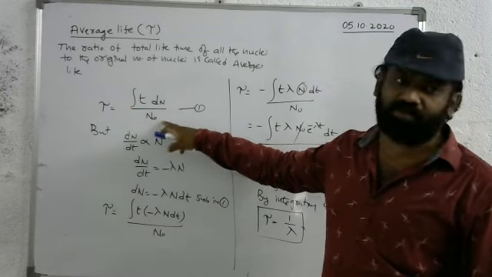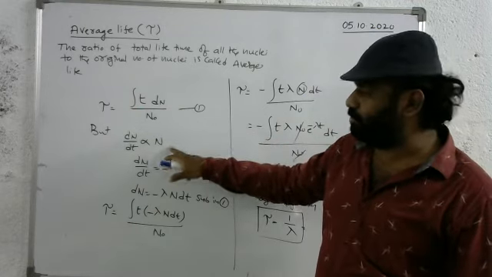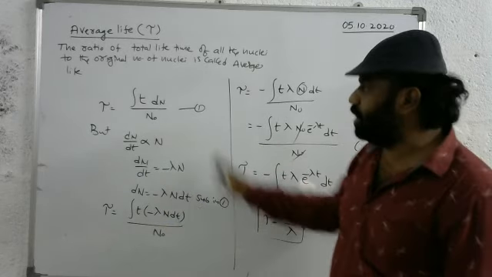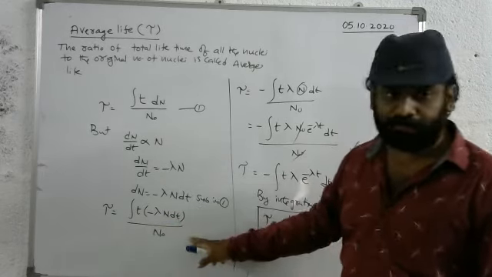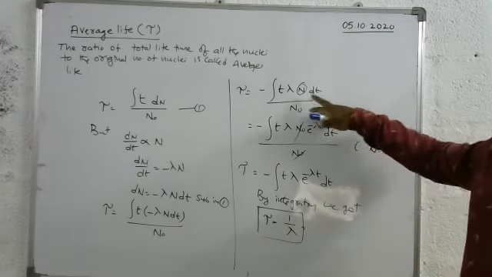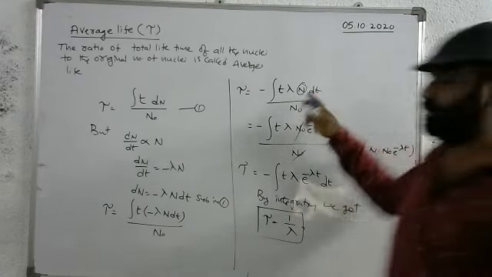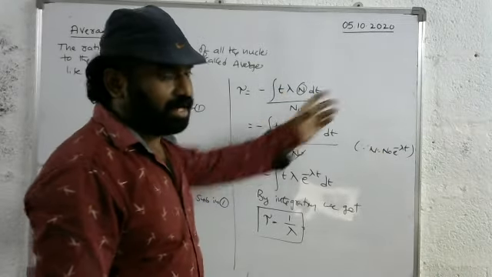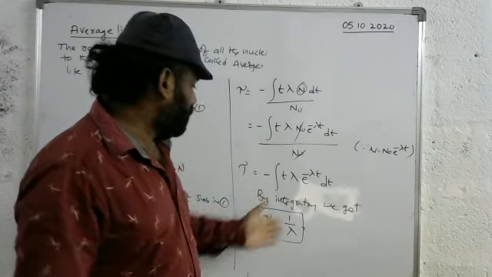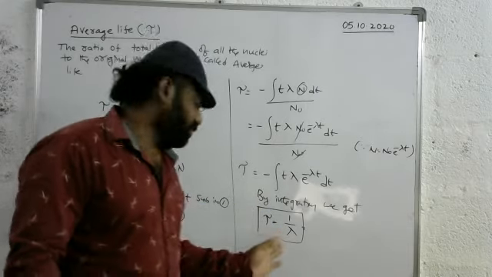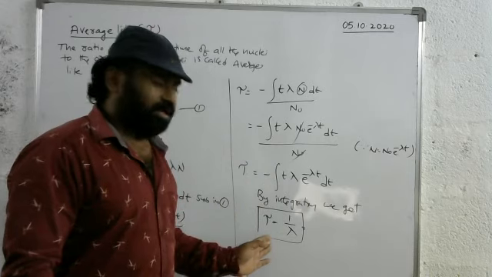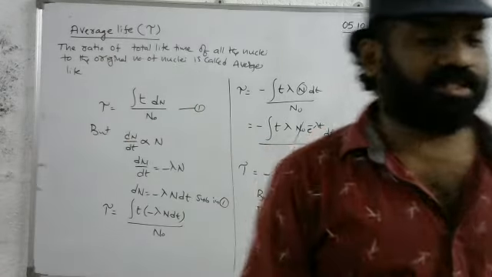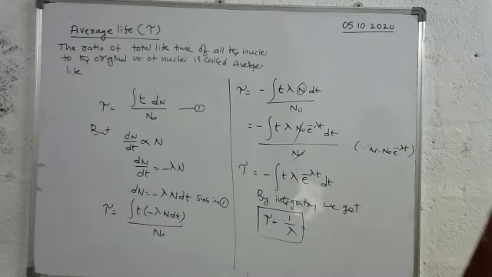From the law of radioactive decay, dn is equal to minus lambda n dt, and n equals n naught e power minus lambda t. Substituting these values and integrating, we get tau is equal to 1 by lambda, where lambda is the decay constant. This is about average life.